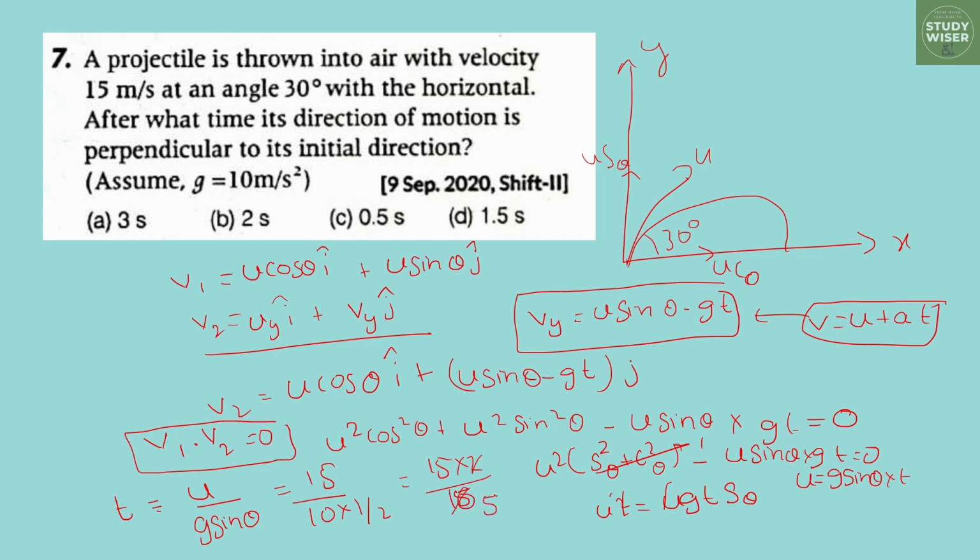If it cancels 5, time t is equal to 3 seconds.